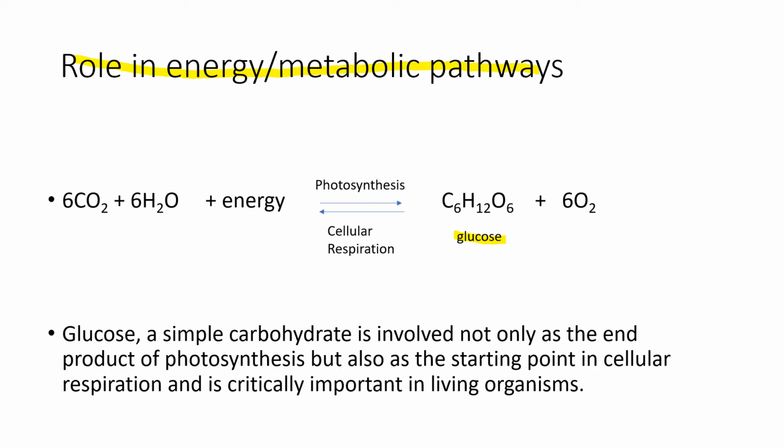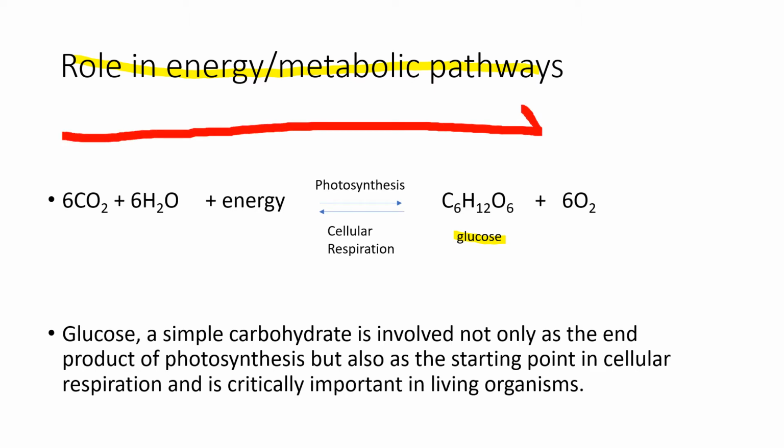Glucose has a key function in two different metabolic pathways. First, going from left to right, the forward direction, you see the process that plants undergo in photosynthesis. Plants take carbon dioxide, water, and energy from the sun, go through photosynthesis, and convert those things into glucose and oxygen gas.